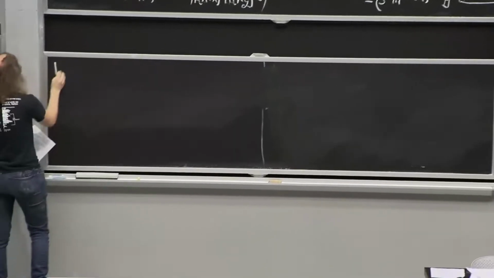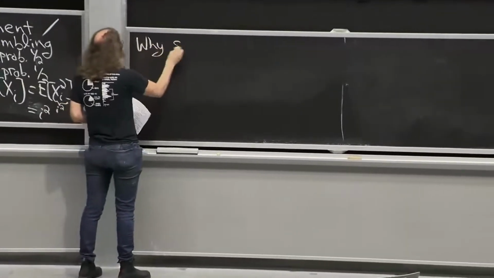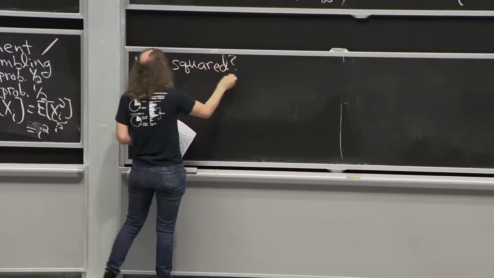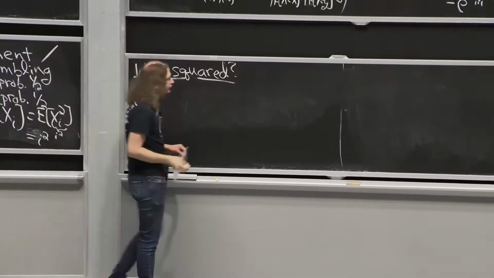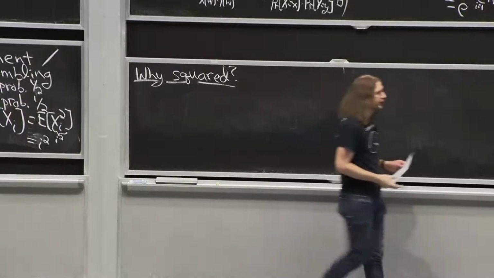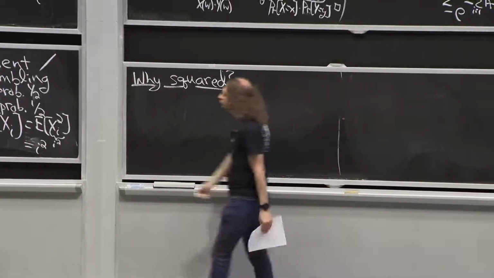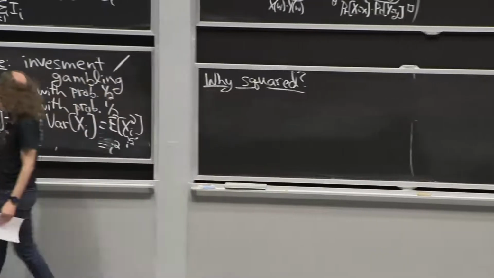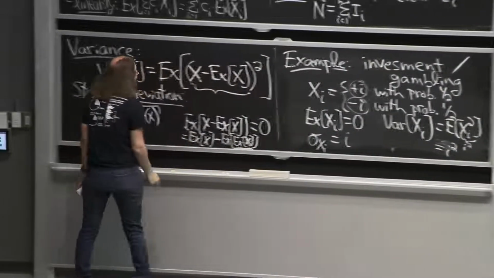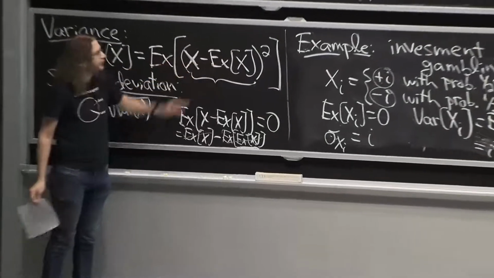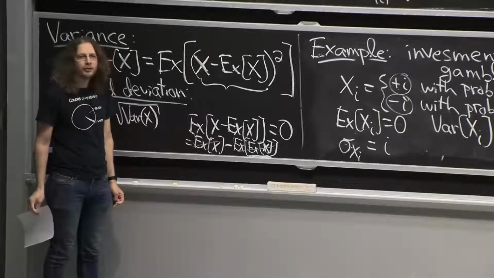There are many possible answers to this. But probably the simplest thing is to try, what if I didn't put this square here and I left the formula otherwise the same? What if I did expectation of x minus expectation of x? What would happen then?